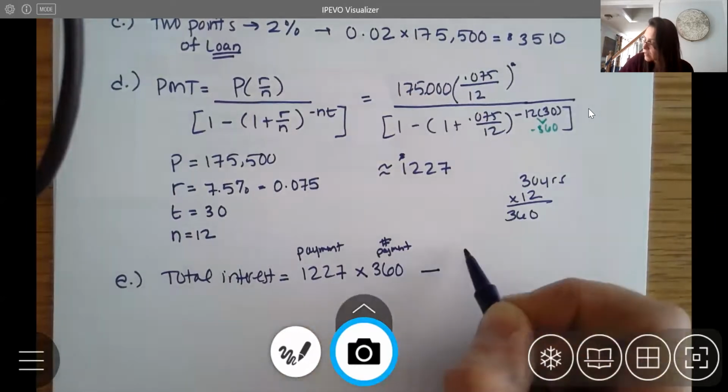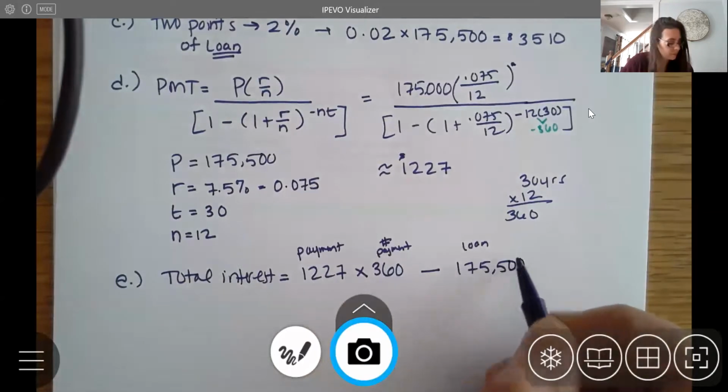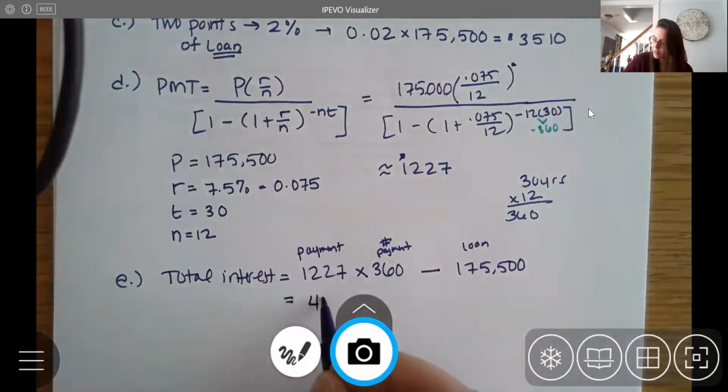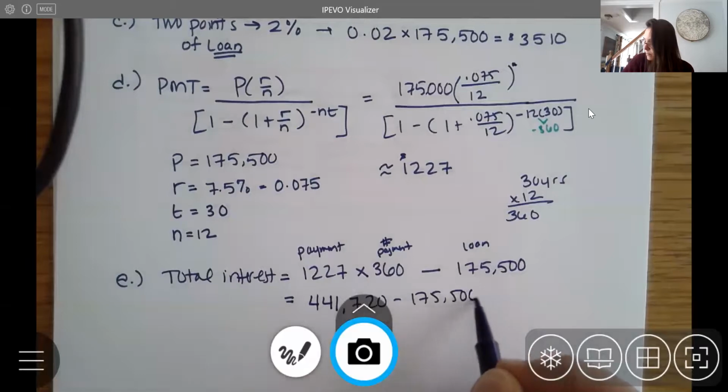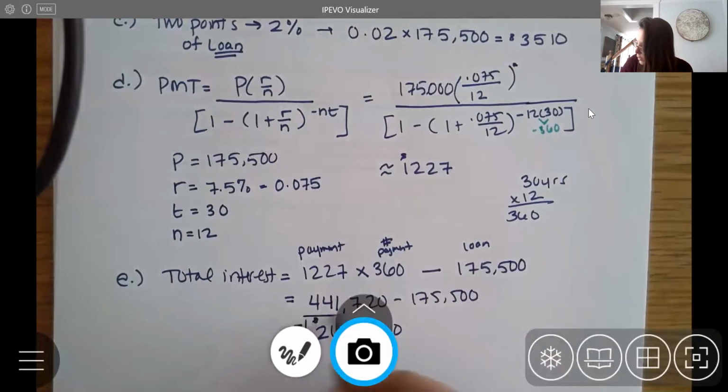And then you're going to subtract whatever the original loan amount was. All right, so when I multiply the first group together, I get 441,720. And then when I subtract, I get 266,220.